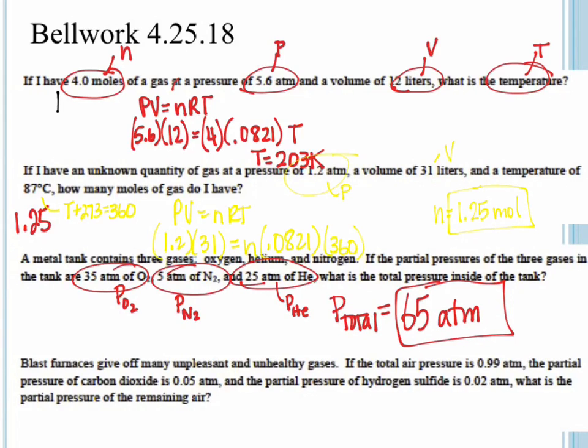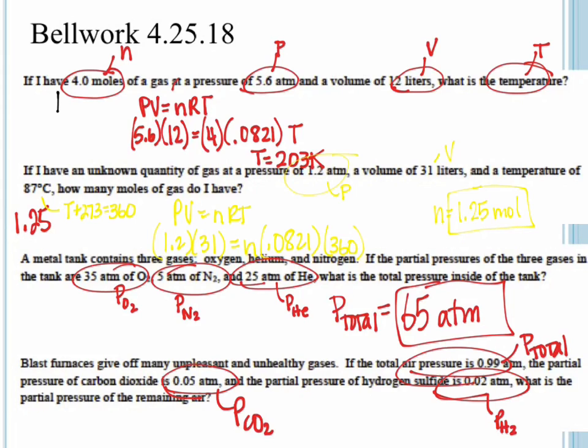All right. A blast furnace gives off unpleasant and unhealthy gases. If the total air pressure is 0.99 atm, so that's my P total, and the partial pressure of carbon dioxide is 0.05, and the partial pressure of hydrogen sulfide is 0.02, then what is the partial pressure of the remaining air? 0.92.